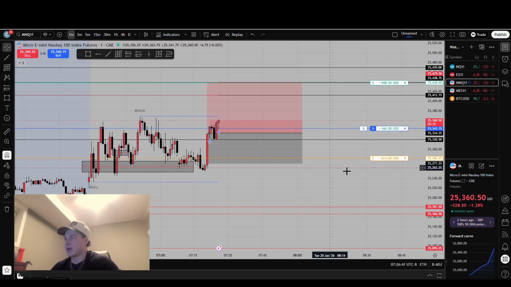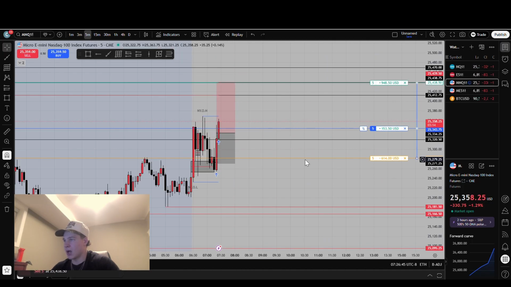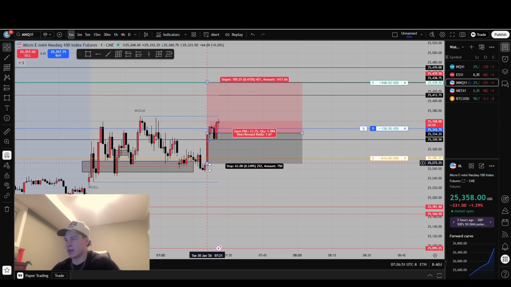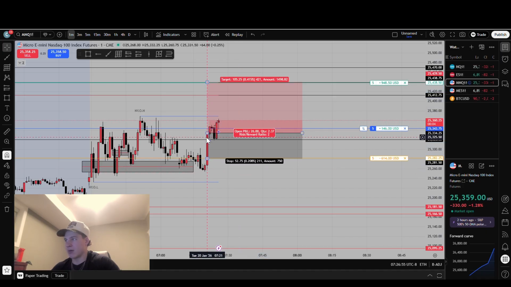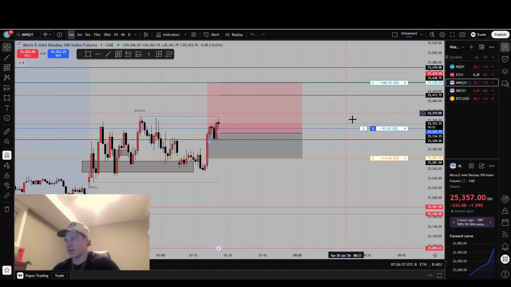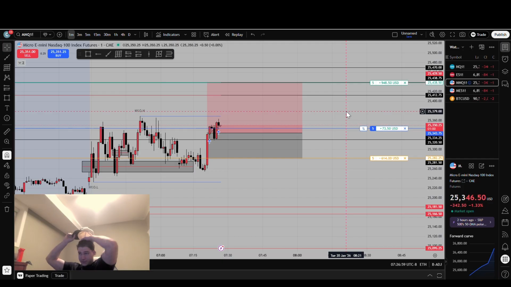Okay, and yeah, 5-minute break of structure, SMT divergence, and this gigantic extension up on the 1-minute chart. For me, that was enough.